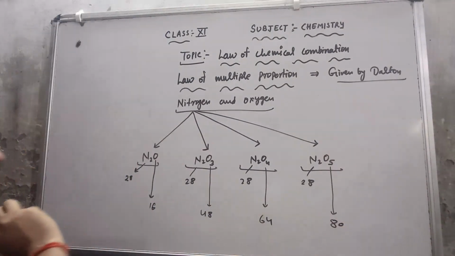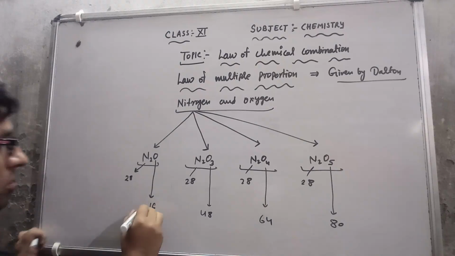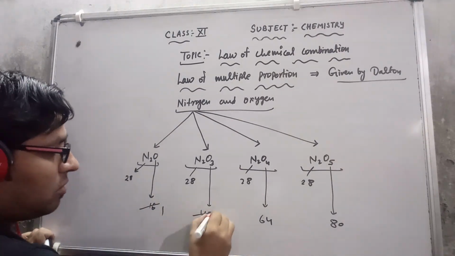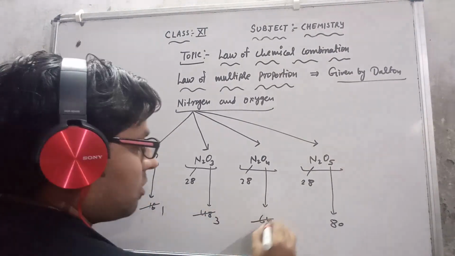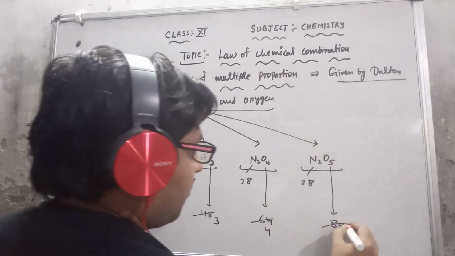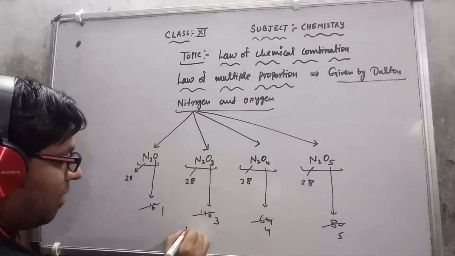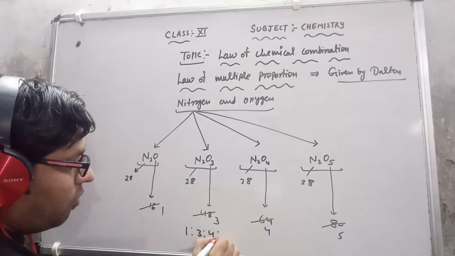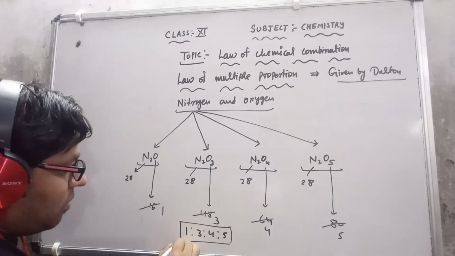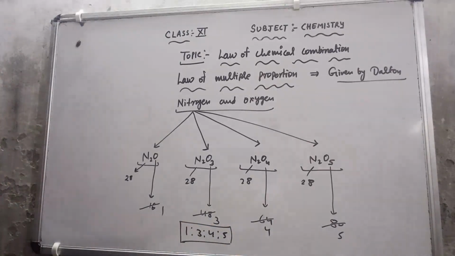If you see their ratio, 16 is 1, 16 times 3 is 48, 16 times 4 is 64, 16 times 5 is 80. So the ratio is 1 to 3 to 4 to 5, meaning they are all in whole number ratio.